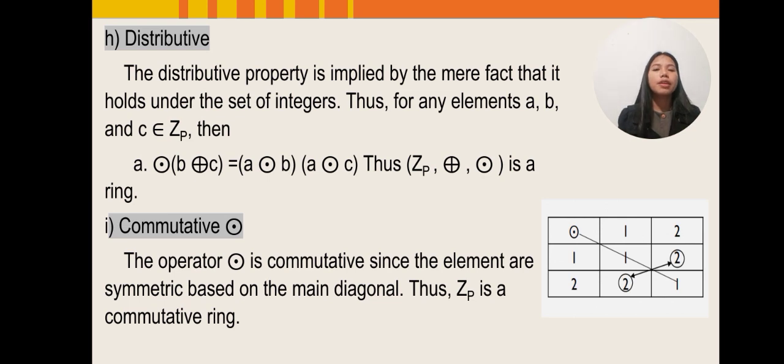Commutative. The operator Hadamard product is commutative since the elements are symmetric based on the main diagonal. Thus, Z sub p is a commutative ring.